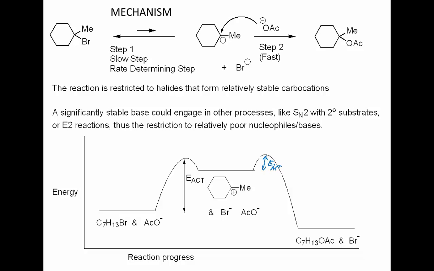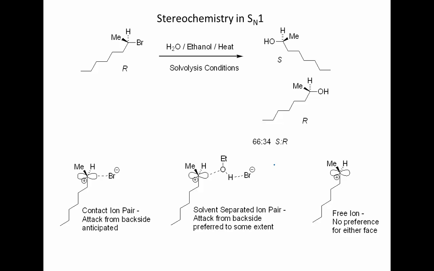Okay, let's look at stereochemistry in the SN1 reaction. You may think at first glance that if we form a carbocation, we're going to see complete loss of all stereochemical information, and that can be true, but this situation here is really kind of complicated.